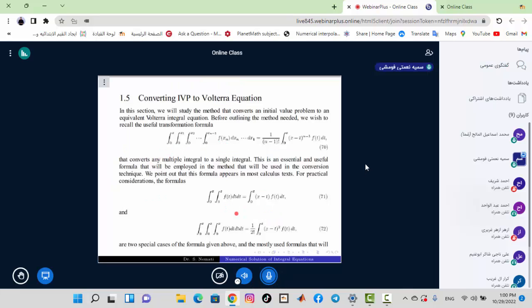Okay. Actually, this is the proof of this relation, for the special case. It tries to prove this relation. We have a general formula. For this general formula, the case n equals 2 gives the relation 71.